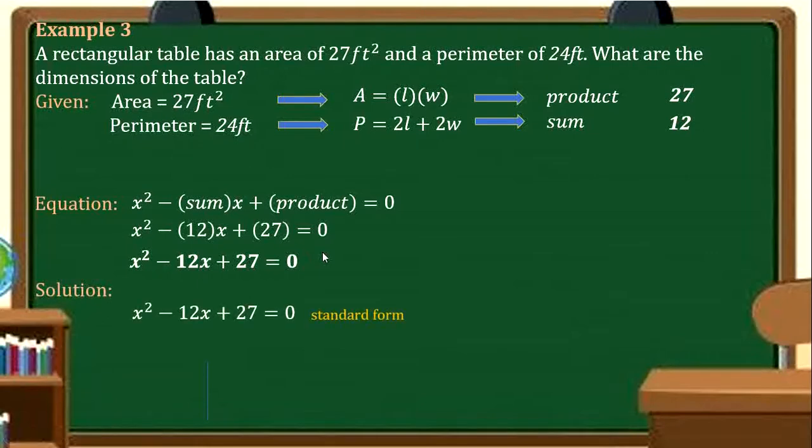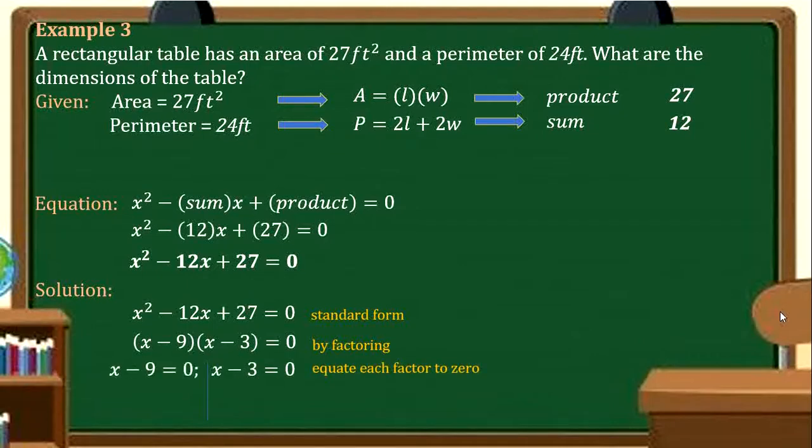So, for the solution, by factoring, we have x minus 9 and then x minus 3 equals 0. And then equate each factor to 0. So, we have x minus 9 equals 0 and then x minus 3 equals 0. So, solve for the value of x. So, we have x equals 9 and then the other one is x equals 3.